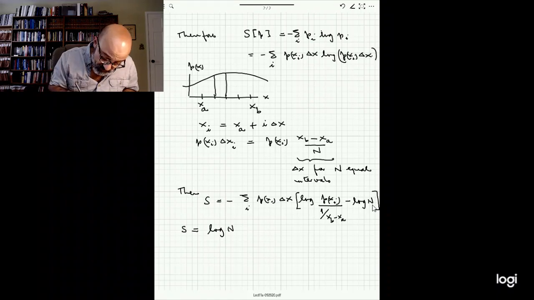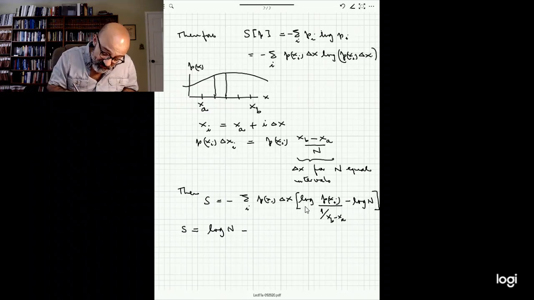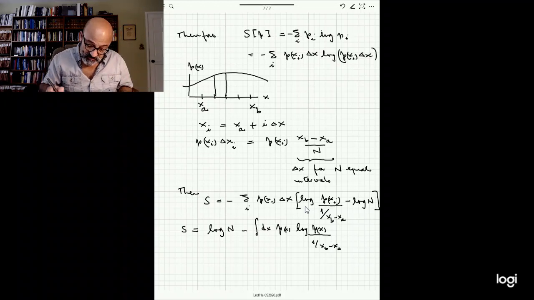And then we have minus the integral. When we take the limit in which delta x goes to 0, when n goes to infinity, there is no problem with this one, no problem with that one. That's the definition of what a Riemann integral is. So this is the integral dx p(x) log of p(x) divided by 1 over xb minus xa. And that's what it is.